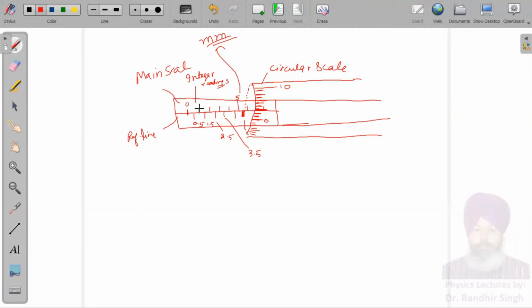Similarly this is 0, this is actually 1, this is actually 2, this is actually 3. While taking the main scale reading, we have to take care of both. Now in the main scale reading you can see, for this particular example, 0.5, 1, 1.5, 2, 2.5, 3, 3.5, 4, 4.5, 5 and 5.5. Let me make it slightly clear.